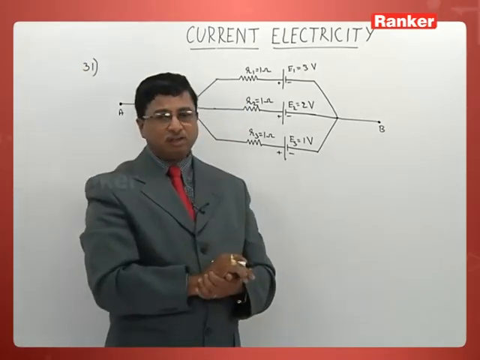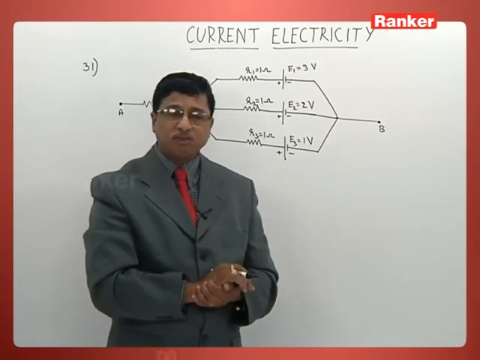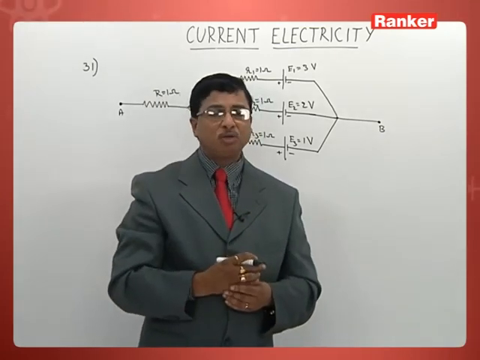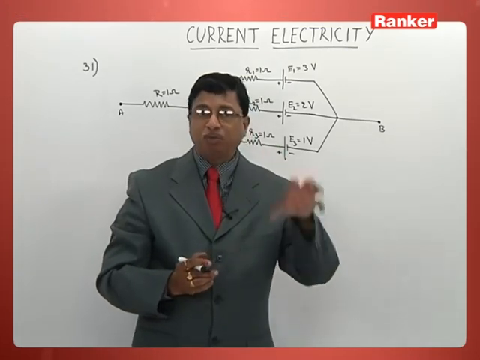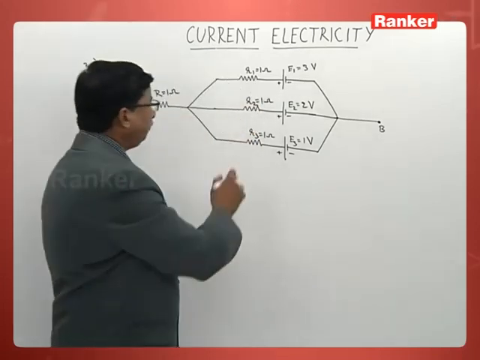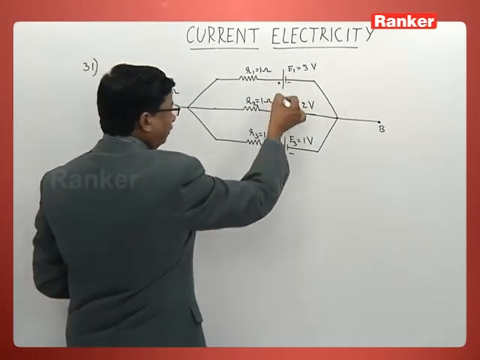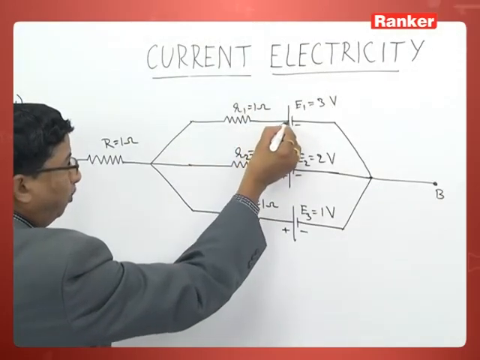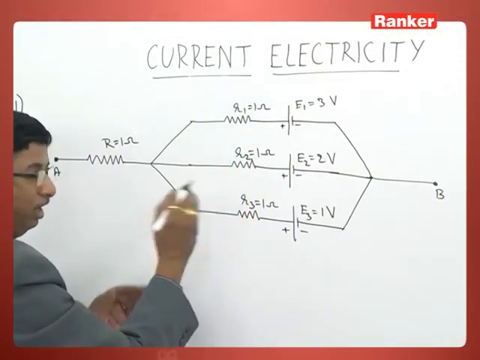His question is, what is the potential difference between the points A and B? Potential difference means what you have to calculate? Effective potential difference across the system you have to calculate. If I see these 3, I can understand straight away positive sides are all towards one end.